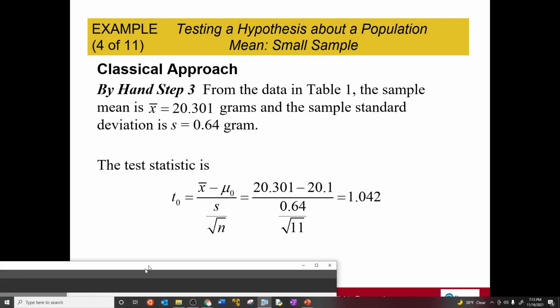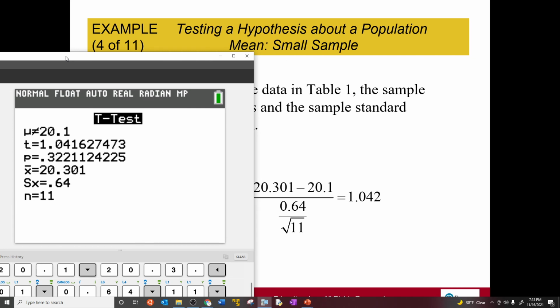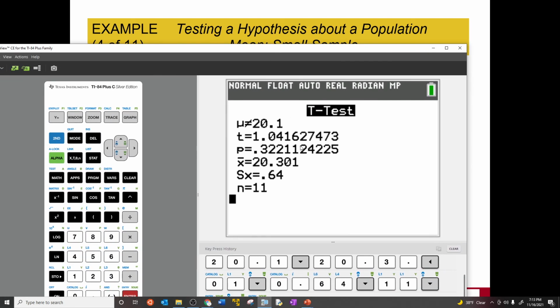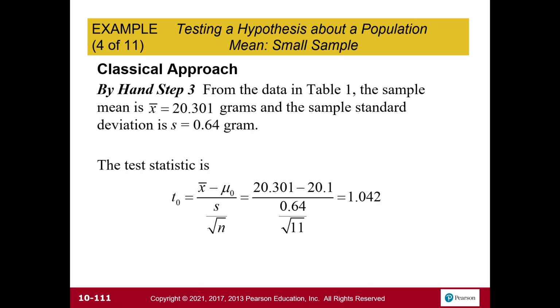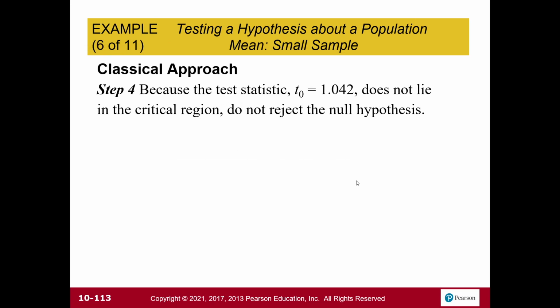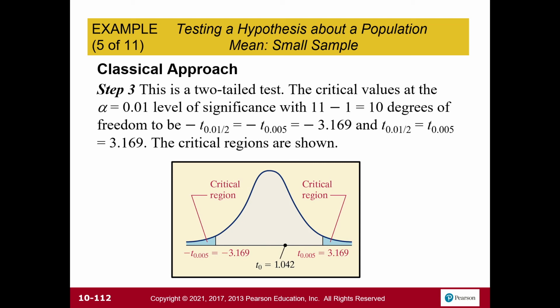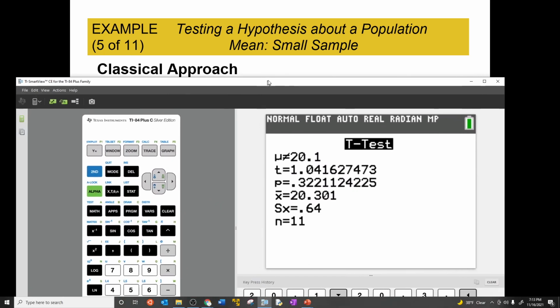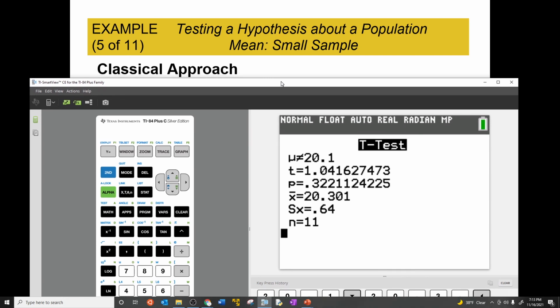Our p is 0.322. And that's all. We're either going to compare our t with the critical region, the critical t values, or we're going to compare our p value to the alpha. Either one we compare, we see that our results are not that significant. Our sample, it wasn't much of a difference to reject the null.